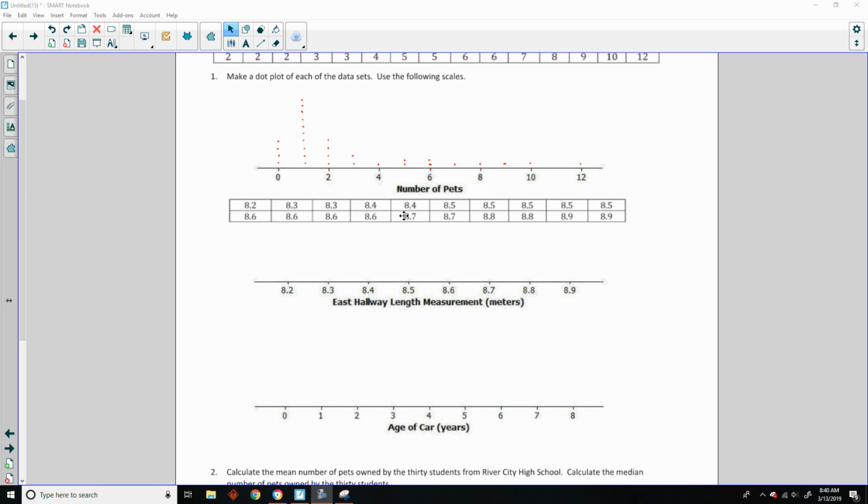Okay, I just copied over the measurements of the hallway so we don't have to go back and forth pages. At 8.2 there was 1, 8.3 there were 2, 8.4 there were 2 people that said it was 8.4 meters long, 8.5 there's 5, 8.6 there's 4.